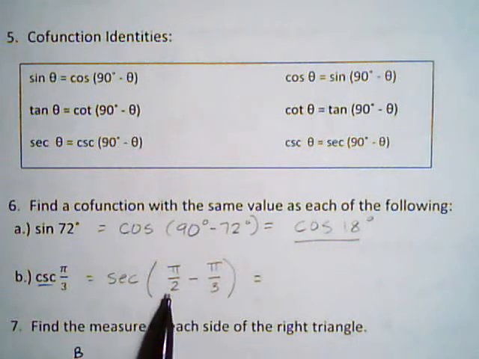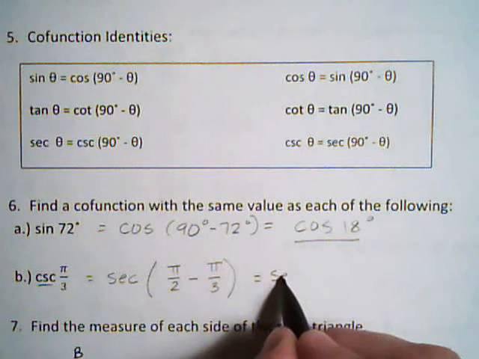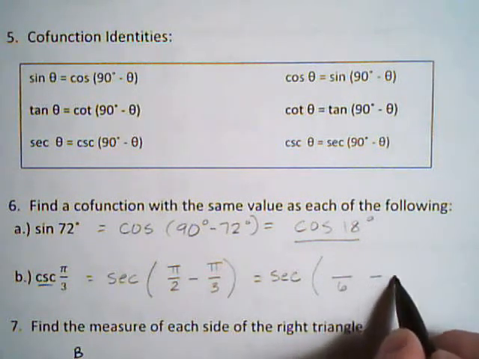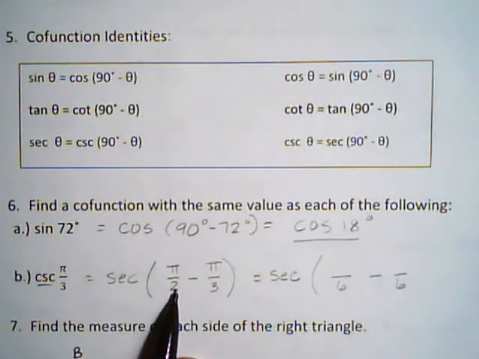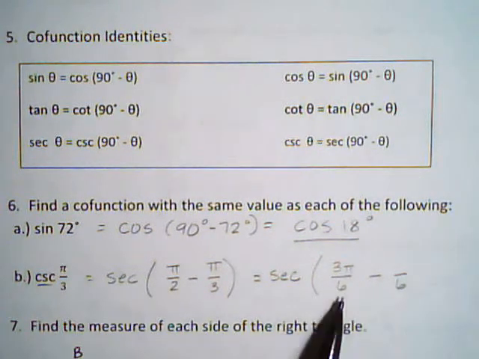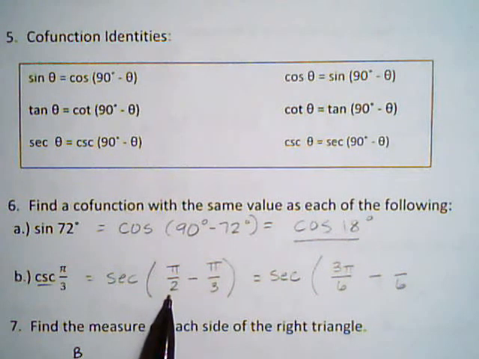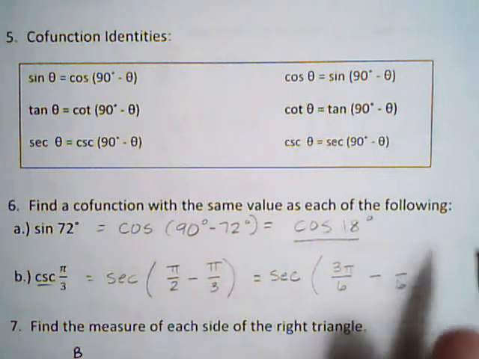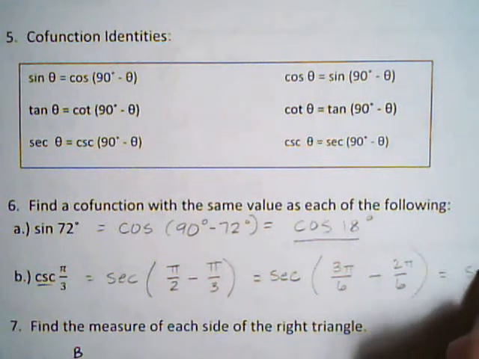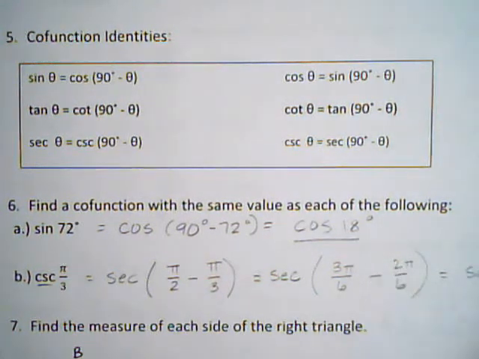If I'm going to subtract these, they must have the same denominator, so I'm going to write these with a denominator of 6. So that means this would be times 3. 3 pi over 6 would be equivalent to pi over 2. Multiply by 2, so that would be 2 pi over 6. So this would equal the secant of 1 pi over 6.